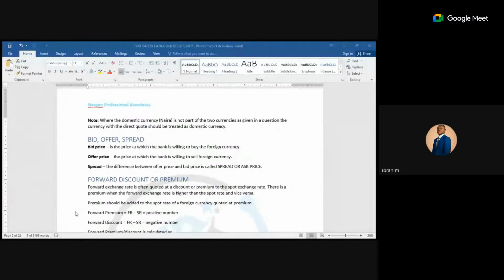Where the domestic currency is not part of the two currencies given in the question, the currency with direct quotes should be treated as the domestic currency.